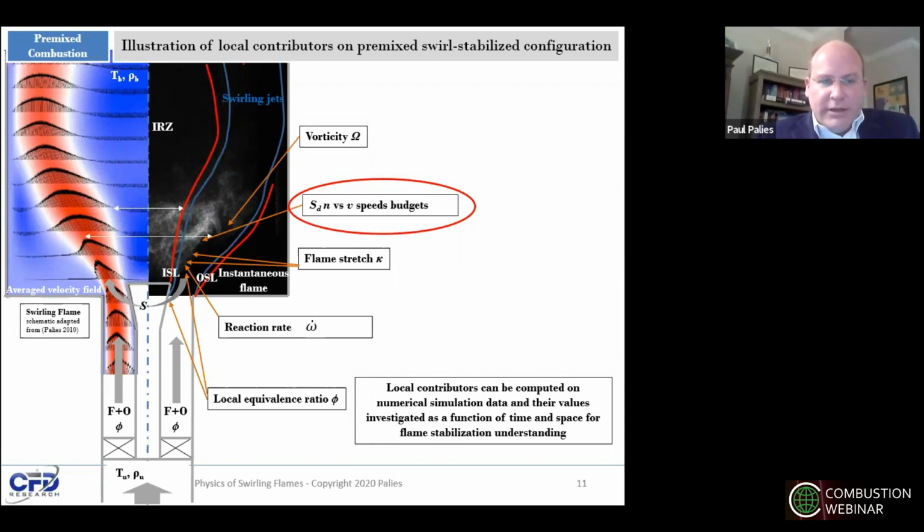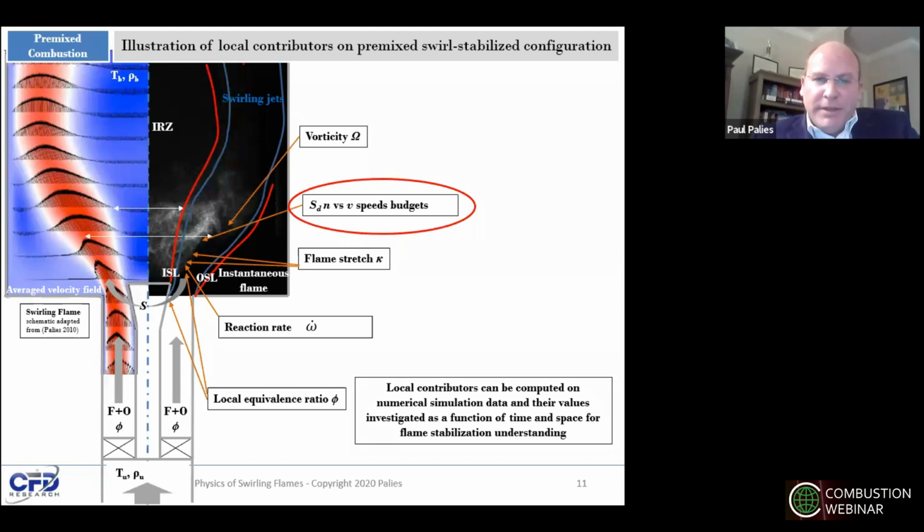For example, the local equivalence ratio, which will drive whether the flame is locally in the lower or upper rich flammability limit, the reaction rate, which is driven by the fuel, air and temperature levels, the flame stretch, beyond the threshold of which the flame will extinguish, and the vorticity, which also can create holes in the flame.